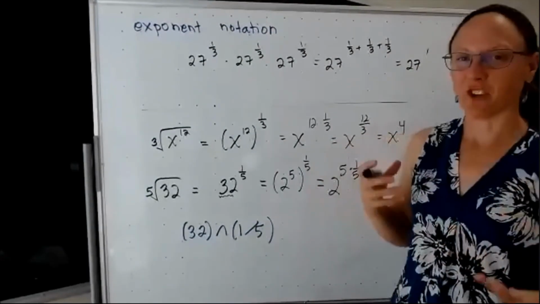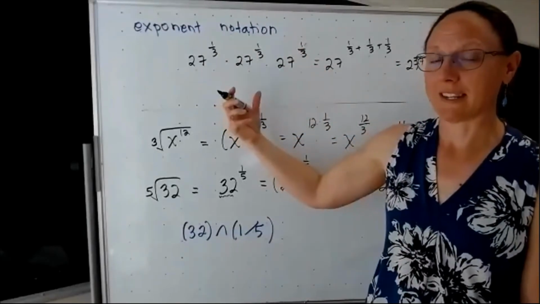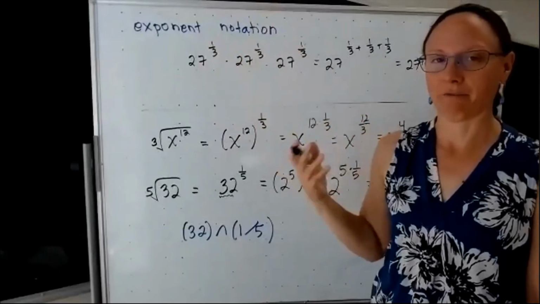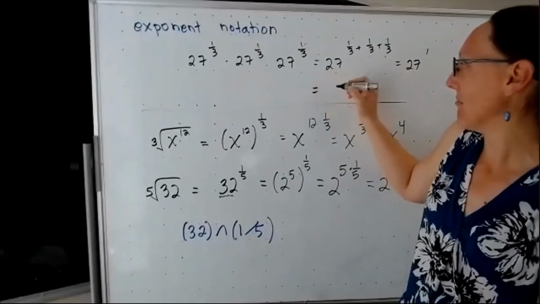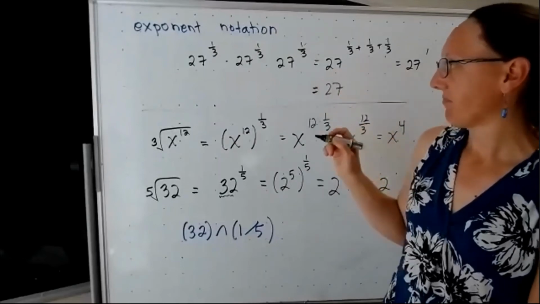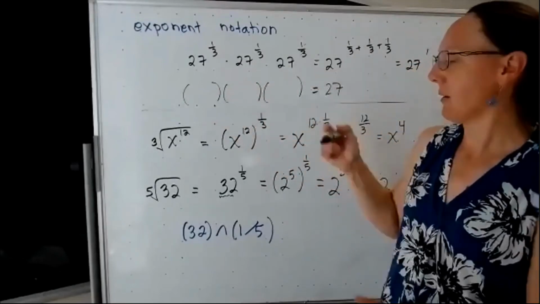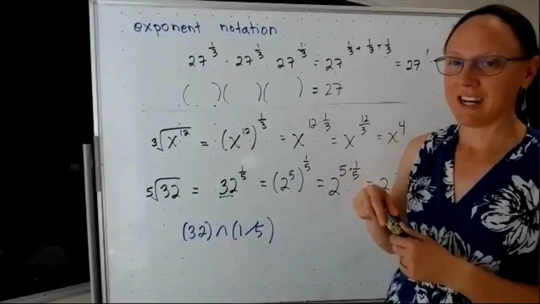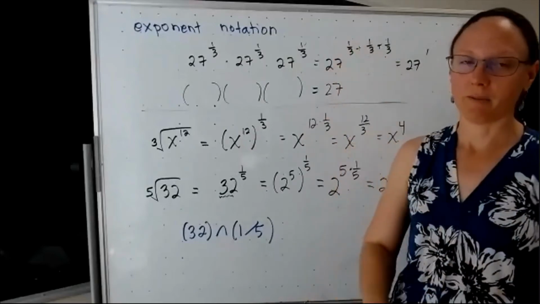So we kind of just have to know that when we talk about the cube root of 27, it's going to have to turn into a 1/3 on that fraction because of the additive law of exponents. I'm looking for these 3 things that multiply together to give me 27 to the 1st power. And the only way to do that with fractions is if they're all a 1/3 power.